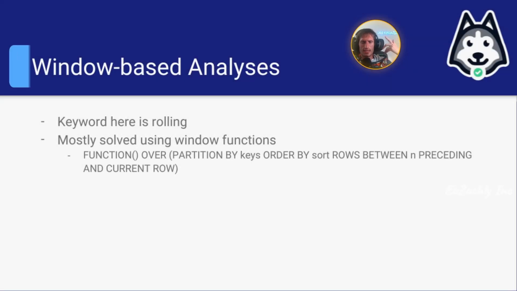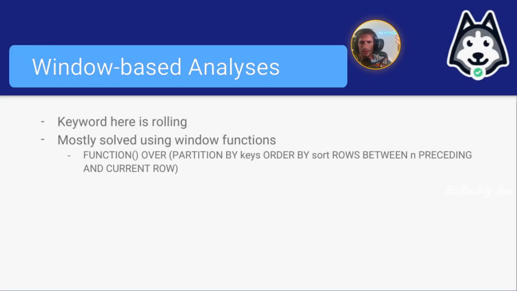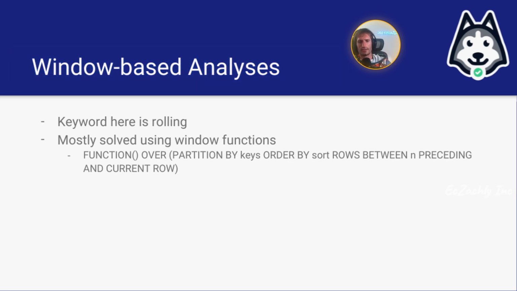One of the keywords here is rolling, right? You're going to be looking for rolling or week over week, day over day, something like that. For rolling, you'll see that there's a specific syntax. It's literally this syntax every single time, and then you just change n here. Usually you sort by date. You partition by, I don't know, user ID, or whatever the dimensional cut is.